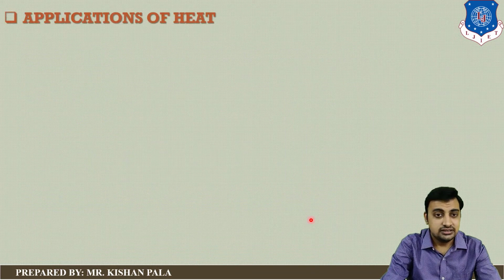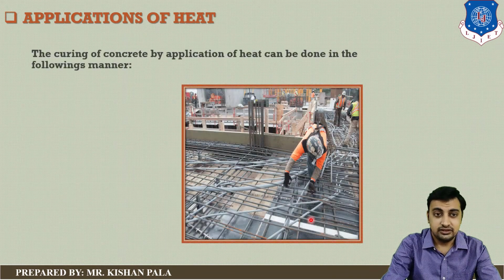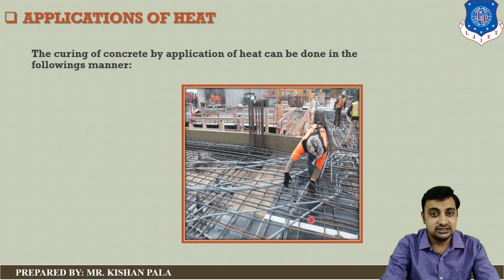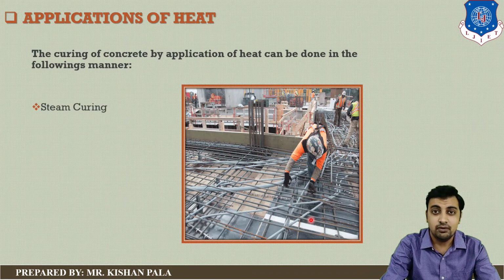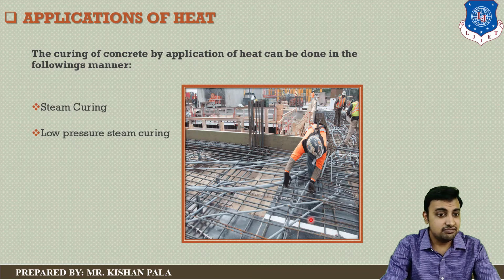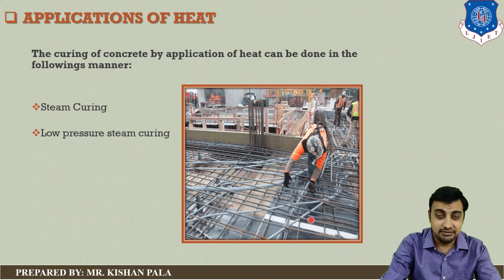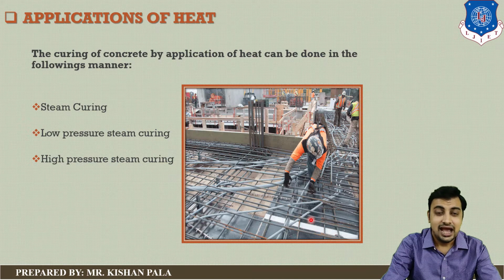Now let us discuss application of heat. The curing of concrete by the application of heat is done in the following manner. First one is steam curing. Second one is low pressure steam curing. Third one is high pressure steam curing. Fourth one is internal curing.